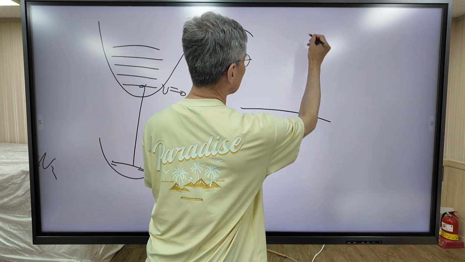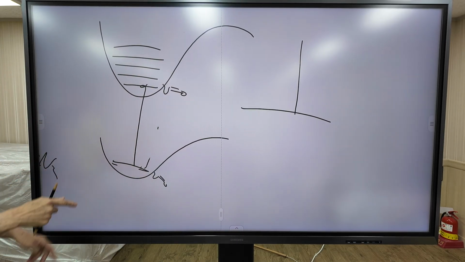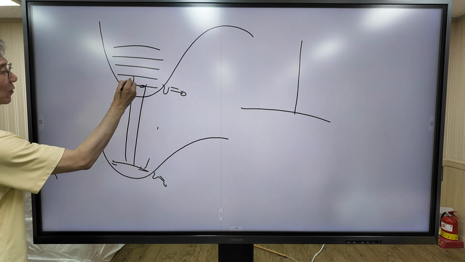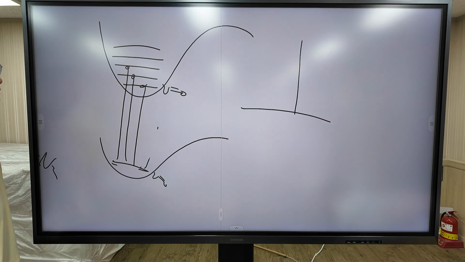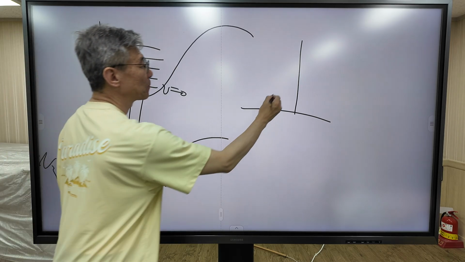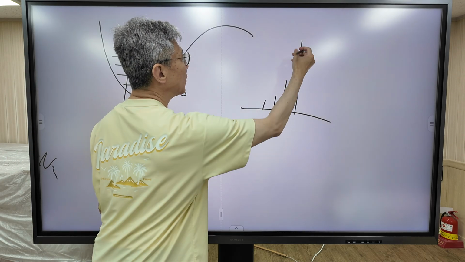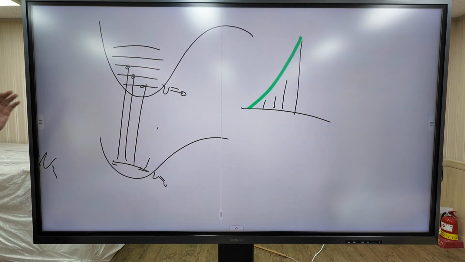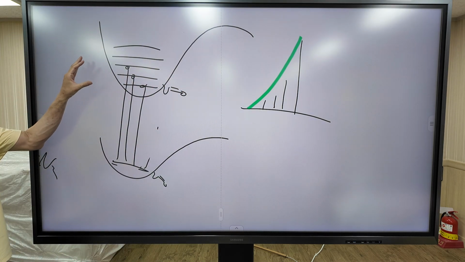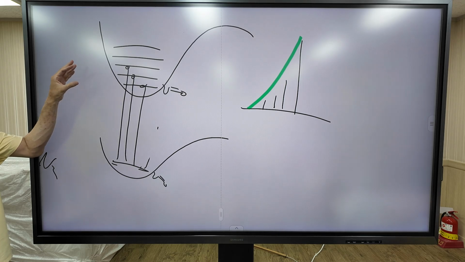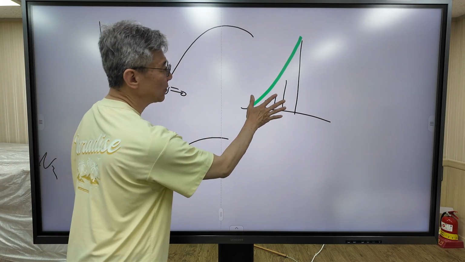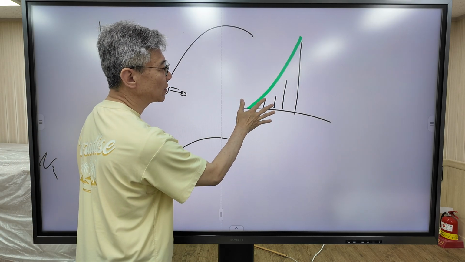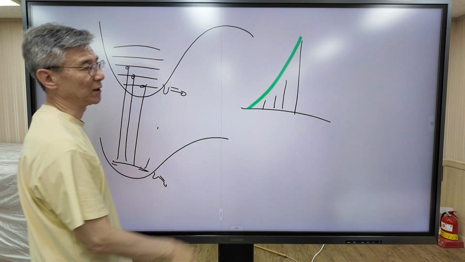And the transitions to V equals 1 and V equals 2 decrease progressively. So we obtain a half bell-shaped structure. When the potential curve does not shift, it means that the electron was in a non-bonding orbital. So when you observe this shape, it means that the orbital is a non-bonding orbital.